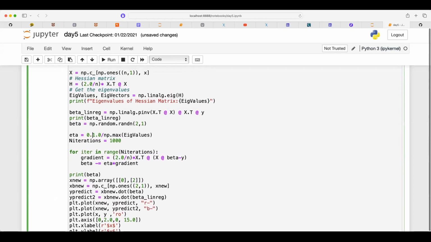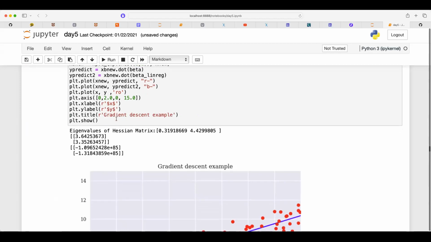But if I now put it to 0.1, suppose we do 0.5. Let's try that. What is this? 10 to the plus 85. So if we go back to the drawing which we made just a while ago, let's just take a look at that.